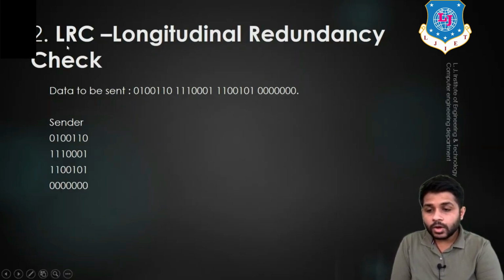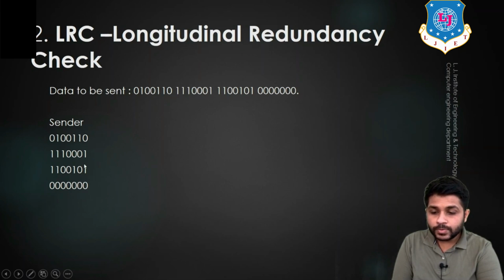Now in the longitudinal redundancy check, what the sender will do is check each and every column. It will check the total number of ones in each column, and after checking, it will add an extra bit at the end of every column. The extra bit will be added in such a way that the total number of ones becomes even.